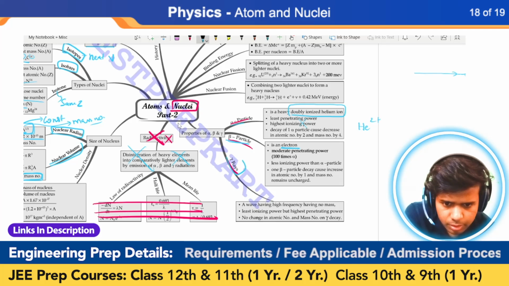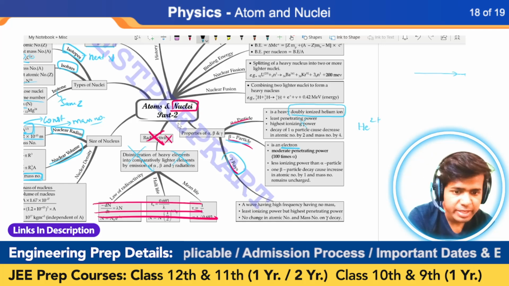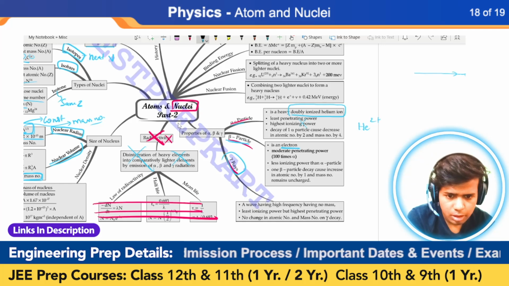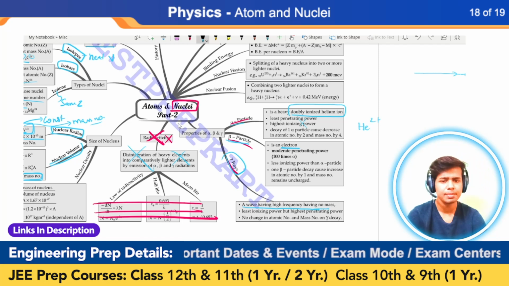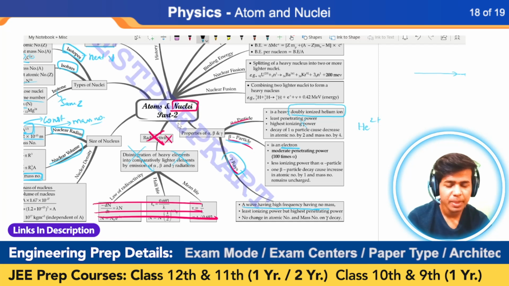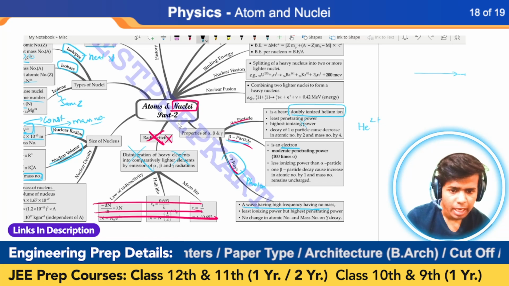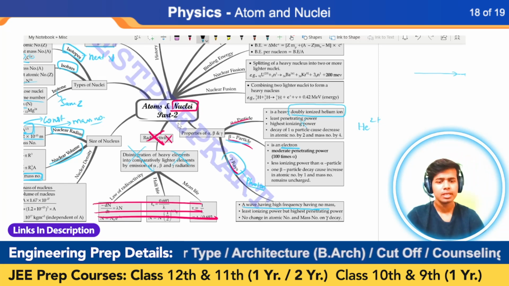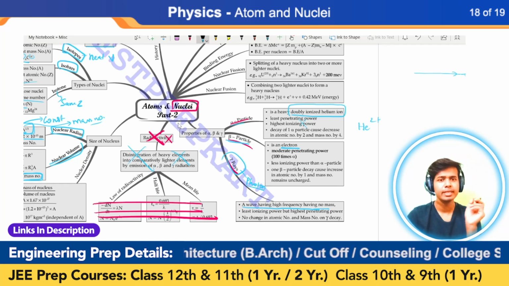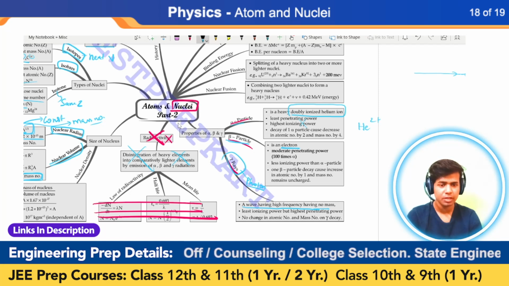Gamma rays are actually electromagnetic waves having very high frequency, having no mass. Of course, it is basically a photon, right? Just having higher frequency does not change the properties of light. It is a photon having very high energy, so that whenever it strikes any other atom, it gives it so much energy.